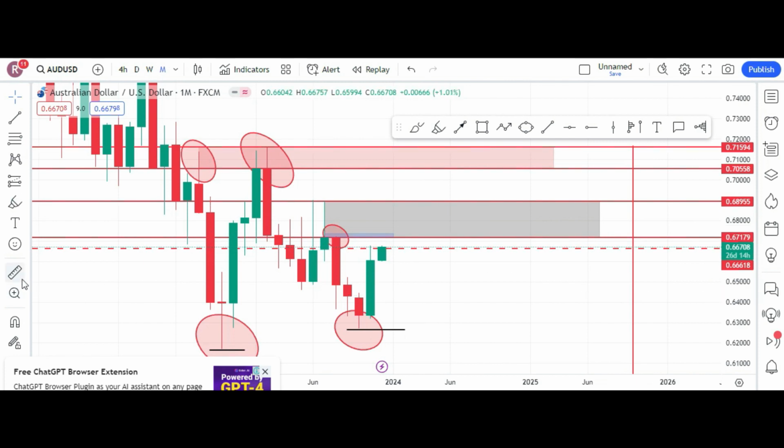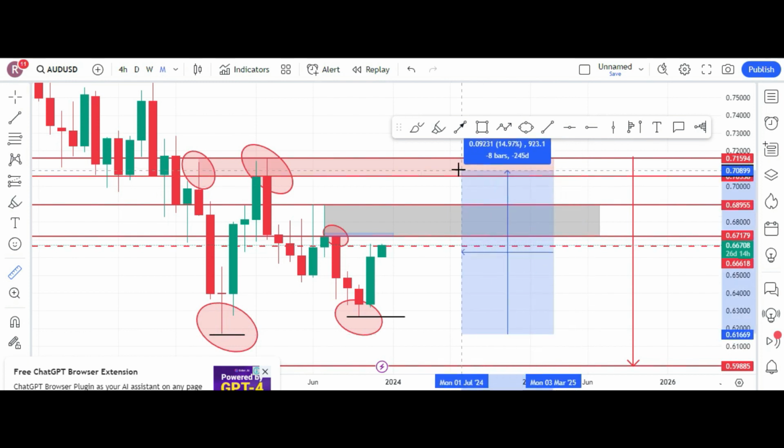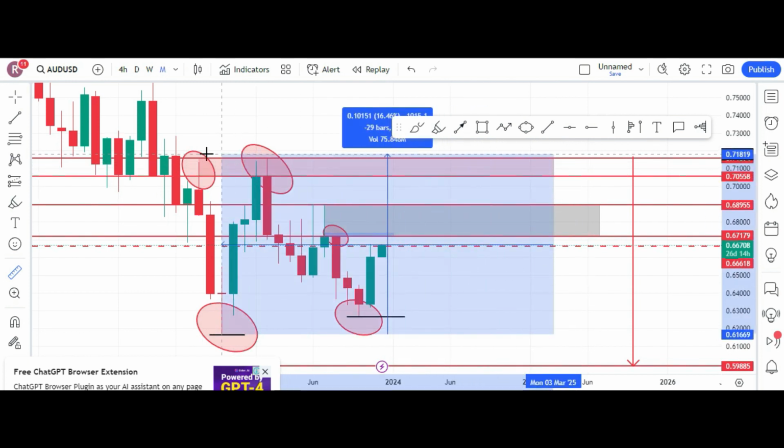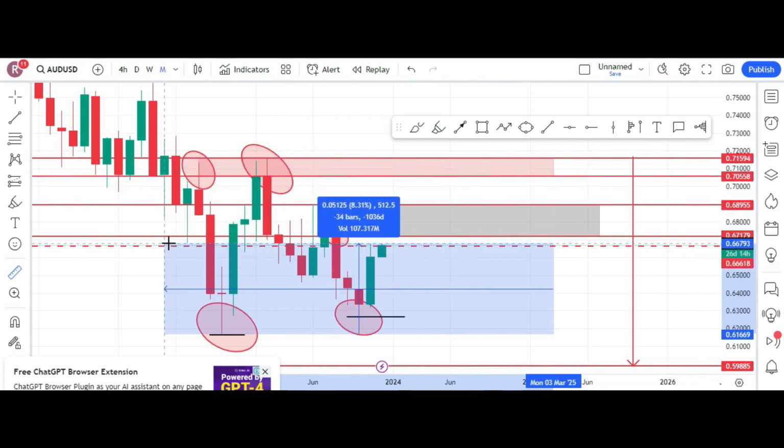If we measure the total depth of this market, from here to here, we are talking about, give and take, 1000 pips. Let's say 1000 pips. So 500 pips has been achieved already.